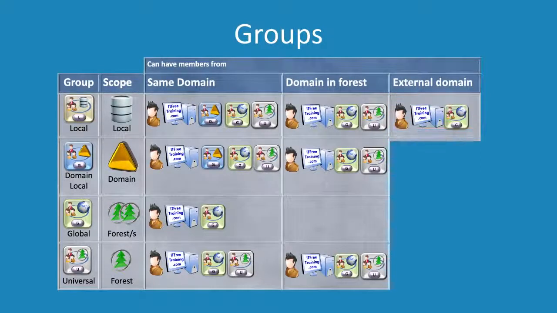Once again, local and domain local groups support the same membership requirements. They can both support users and computers and global groups. Due to domain local groups only being available in the domain that they were created in, they are not available in an external domain. Universal groups cannot be used in this case because they require a global catalog server.